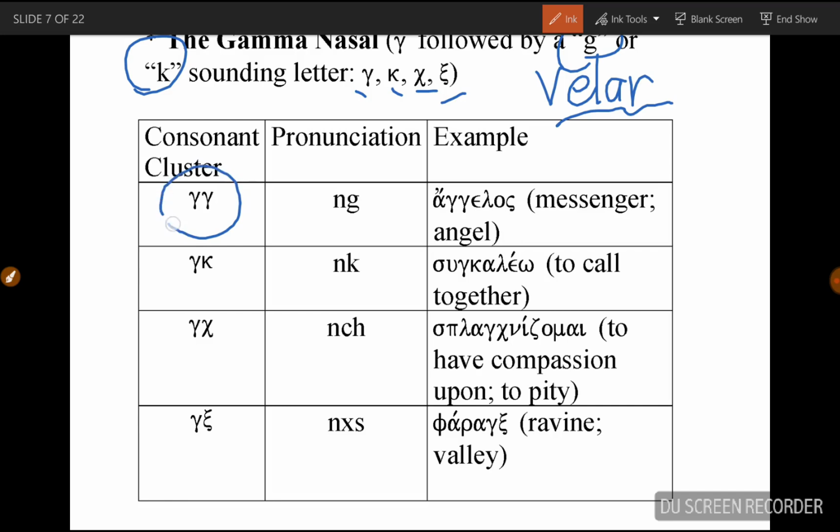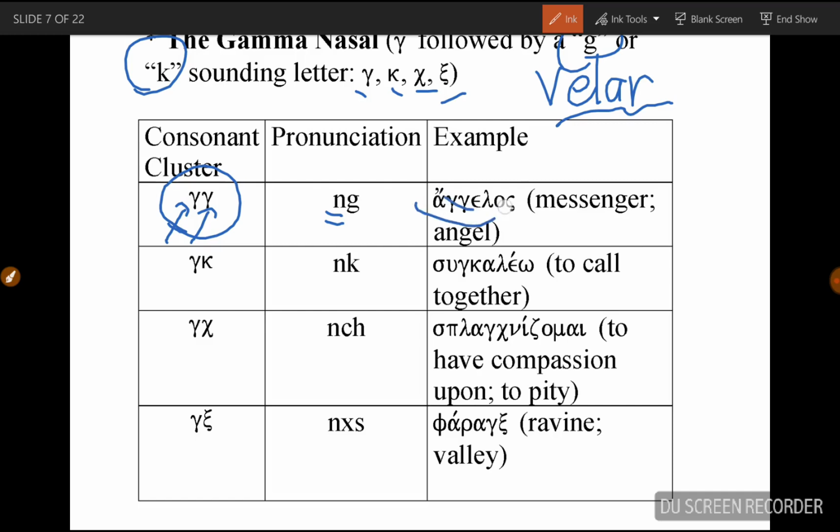So here's a consonant cluster. This is a gamma nasal. Notice that the first letter is gamma and the second letter is gamma too. All right. So in a gamma nasal, the first letter is always gamma, and the second letter can be a gamma, a kappa, a chi, or ksi. But if you have a true gamma nasal, then the first letter is pronounced with an N sound.